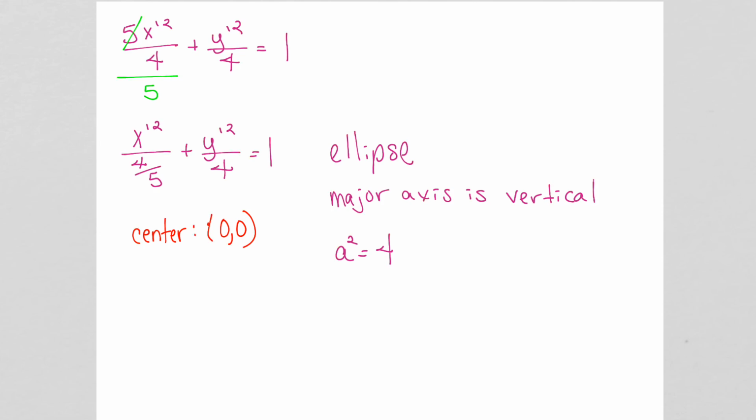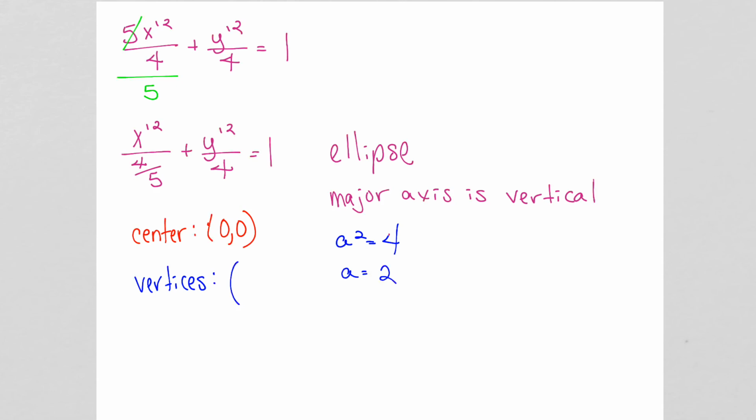Okay, and so the vertices, since a squared is 4, a is 2, so the vertices, since the axis is vertical, then we're going up and down.